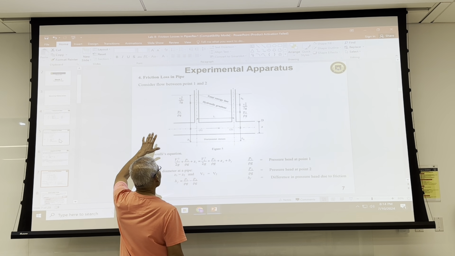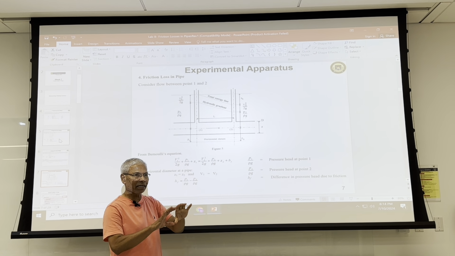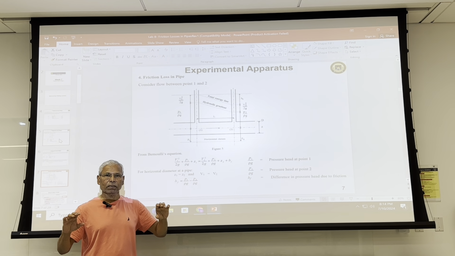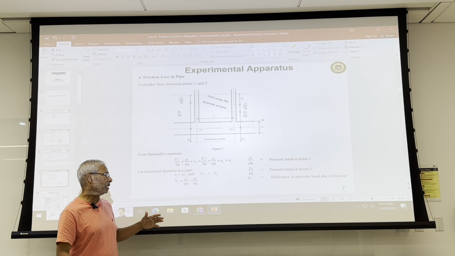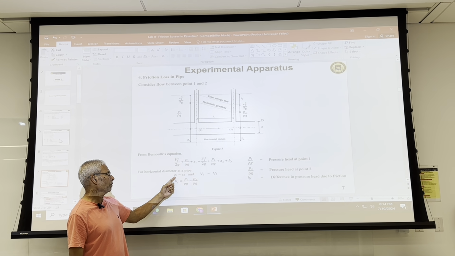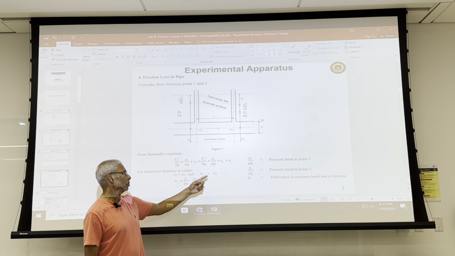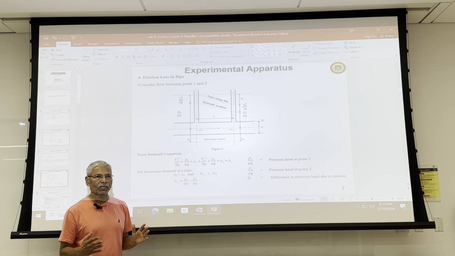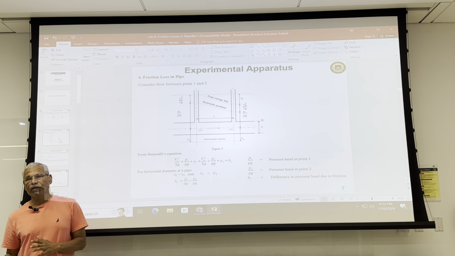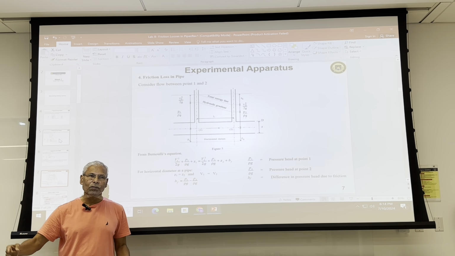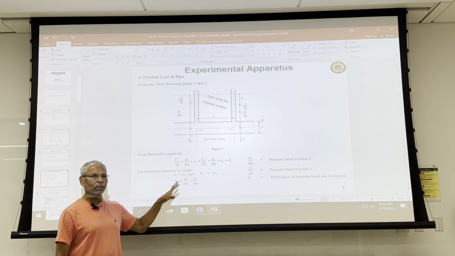And velocity, since again it is a constant diameter, there is no change in diameter, so velocity would remain the same. So here, for a horizontal pipe of constant diameter, Z1 is equal to Z2, V1 is equal to V2. If you plug those in, all you end up with is pressure at point 1 and pressure at point 2. That's what we did when I was showing you pressure tap 1 and tap 2.